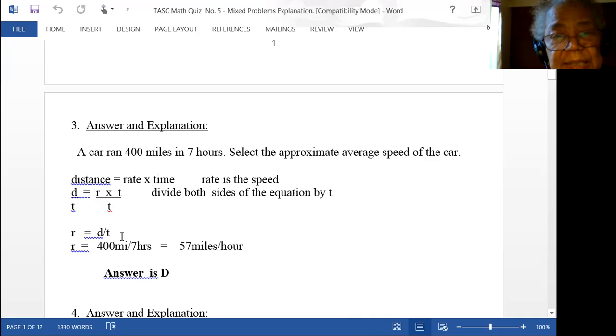Rate is distance divided by time. So if we put in our distance of 400 miles, our time of 7 hours, we get the rate of speed, 57 miles an hour, which is answer D. Okay, let's go to number 4.